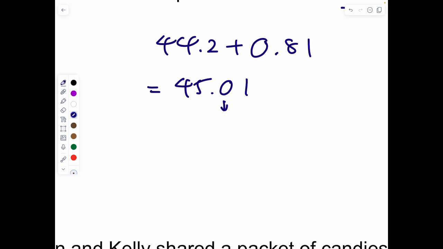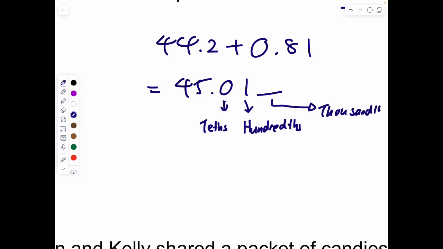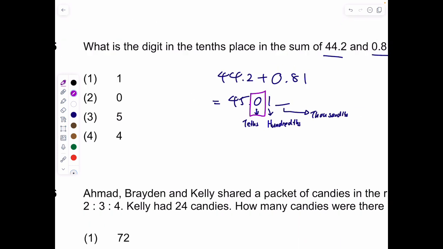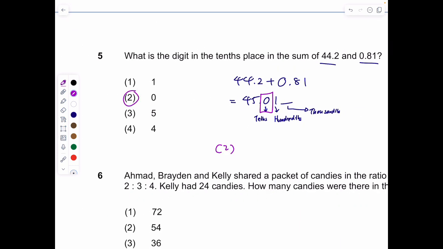When it comes to decimals, this is your tenths. This one over here is your hundredths. And finally, there is one more position that you need to know, and that is your thousandths. So in this case, they are asking for your tenths. So therefore, it will be 0. Answer 2.